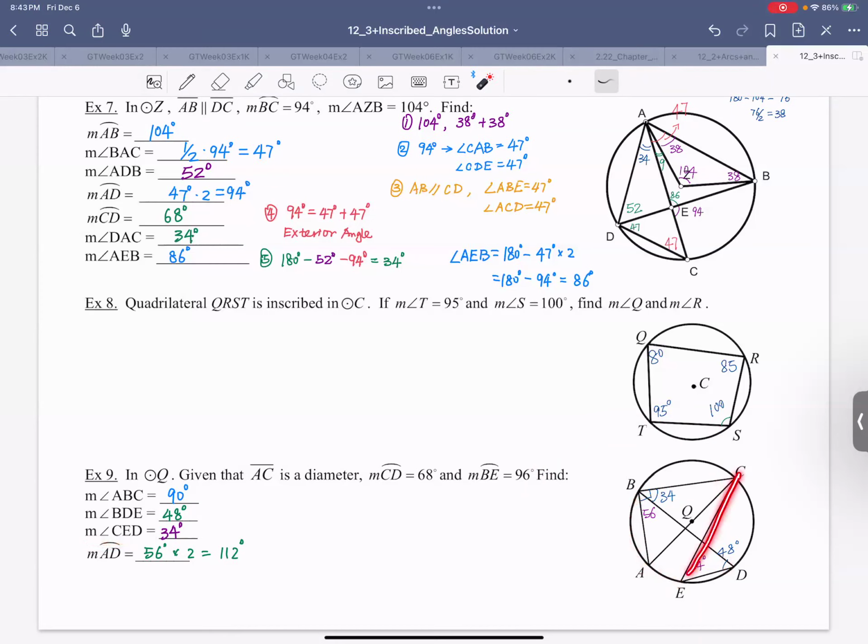CED. CED. We already marked it. 34. No problem. Last one. Arc of AD. Ask this. So you are looking for this center angle. This arc center angle will be double of that. Here you mark 56, so here will be double, which is 112. So we finished.